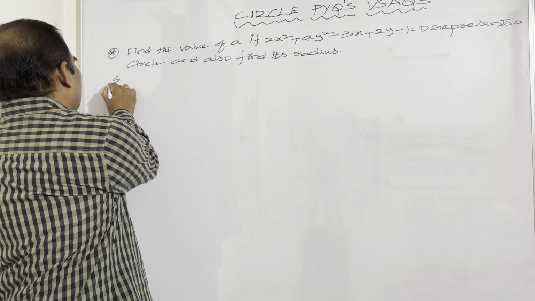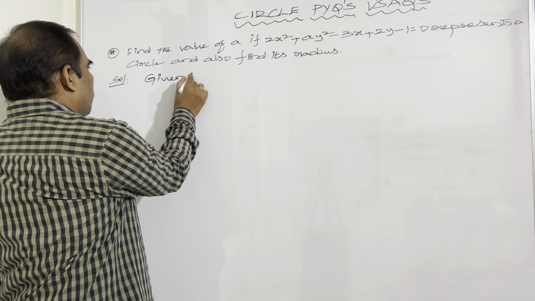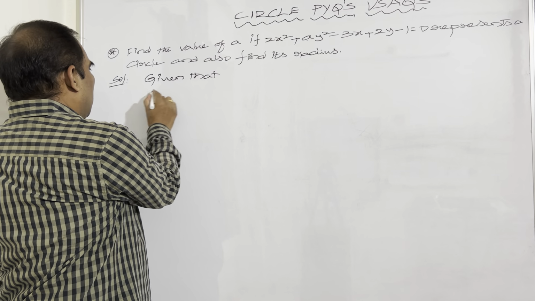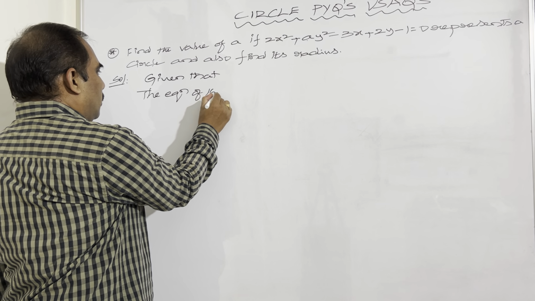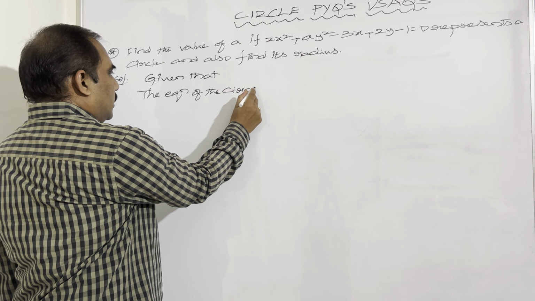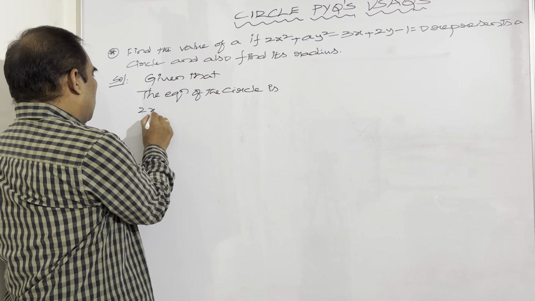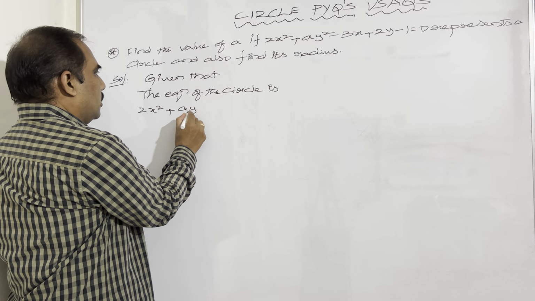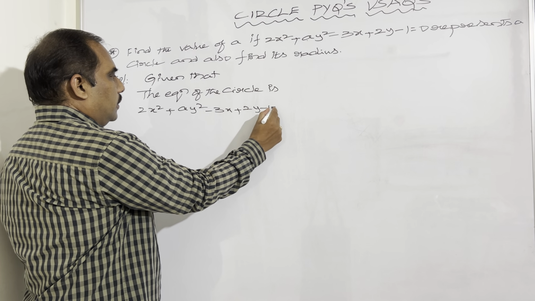In the solution, given that the equation of the circle is 2x square plus ay square minus 3x plus 2y minus 1 is equal to 0.